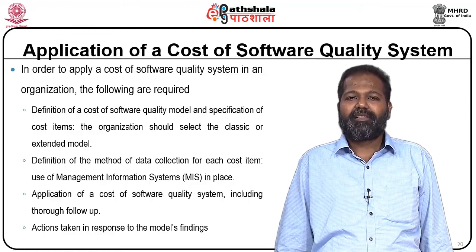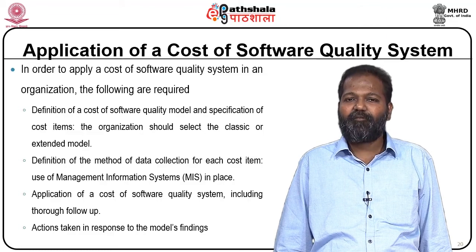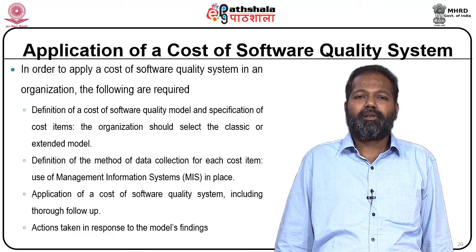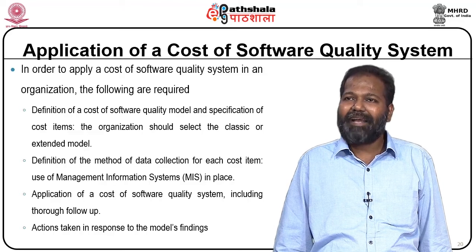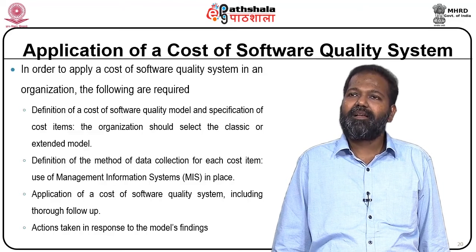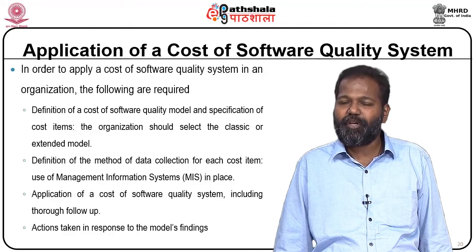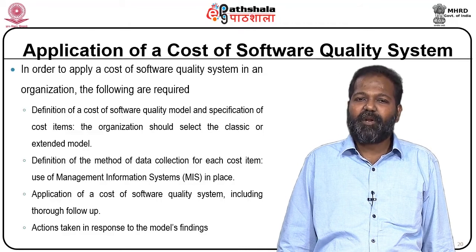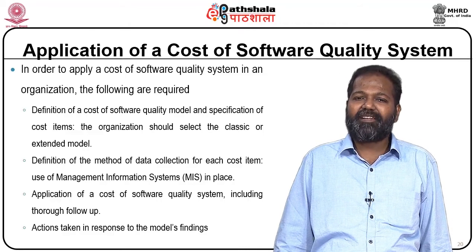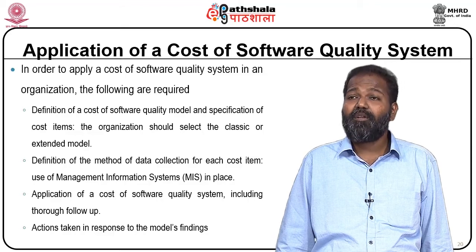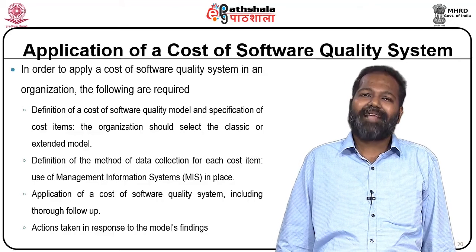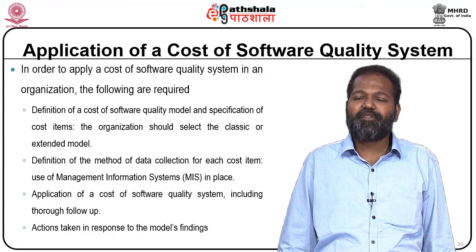Definition of the method of data collection for each cost item. Use of a management information system or a decision support system or an executive information system. Application of a cost of software quality system, including thorough follow up and the actions taken in response to the model's findings.